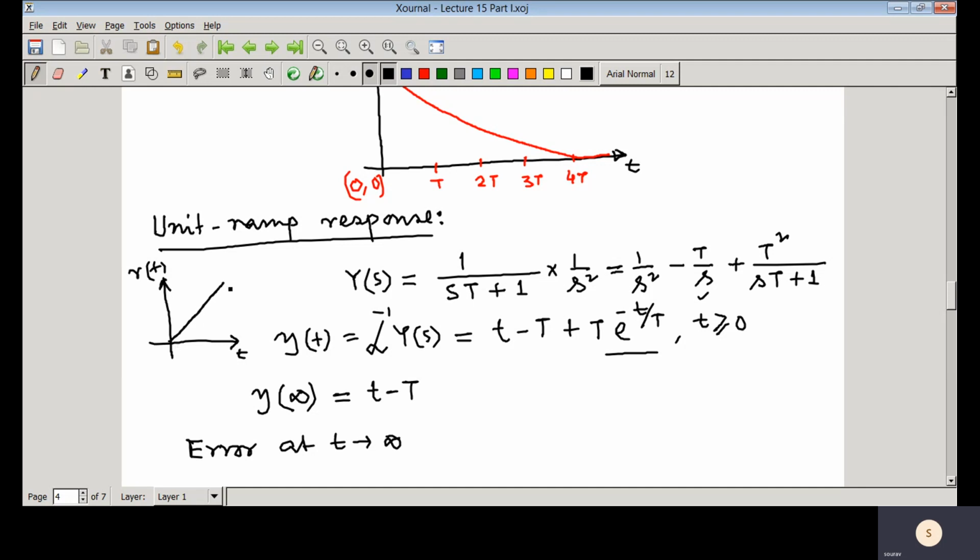That means this signal we have applied, and this slope is equal to 1, because we have applied the unit ramp. So then the error at t tending to infinity is small t minus (small t minus capital T).